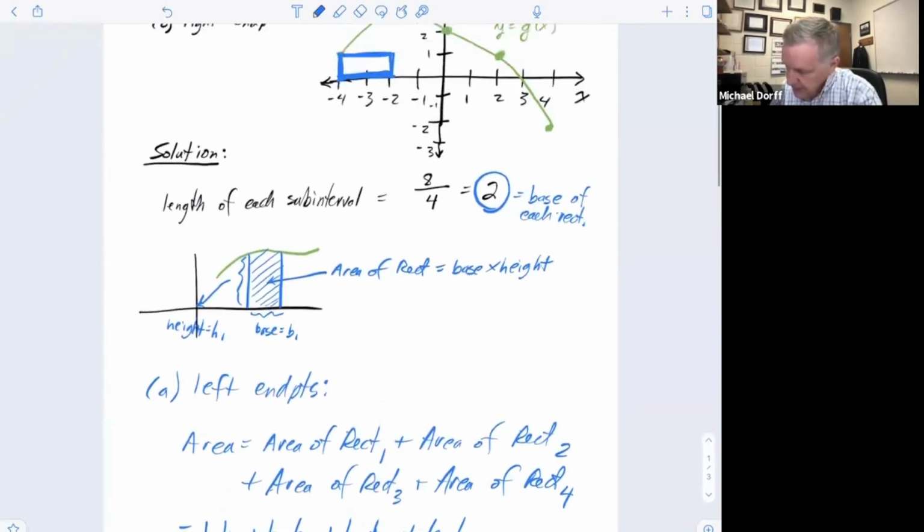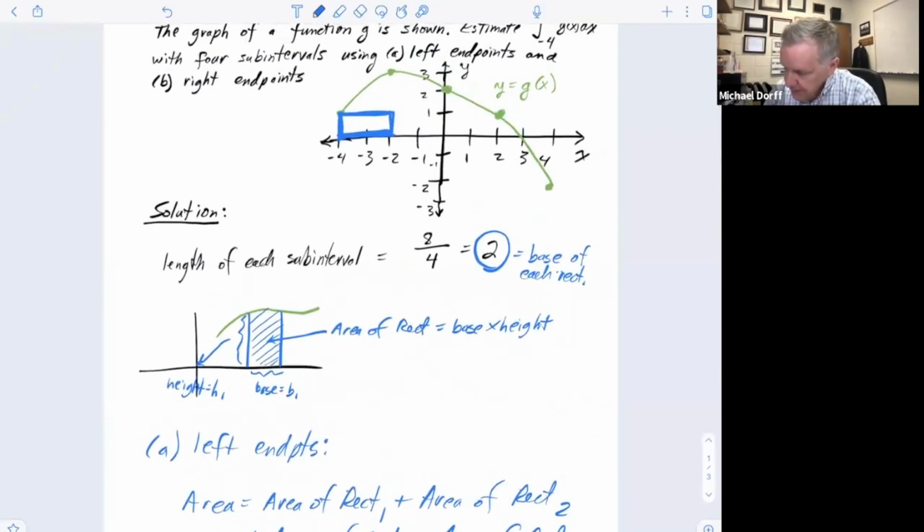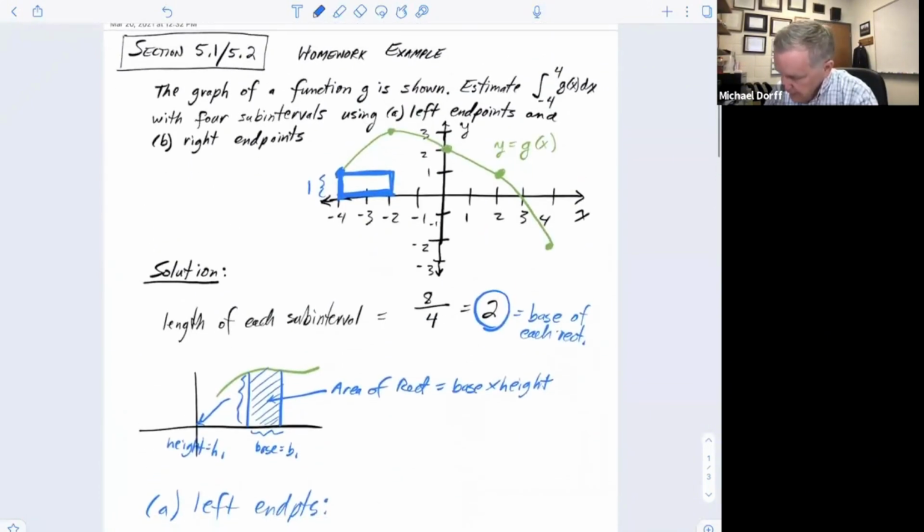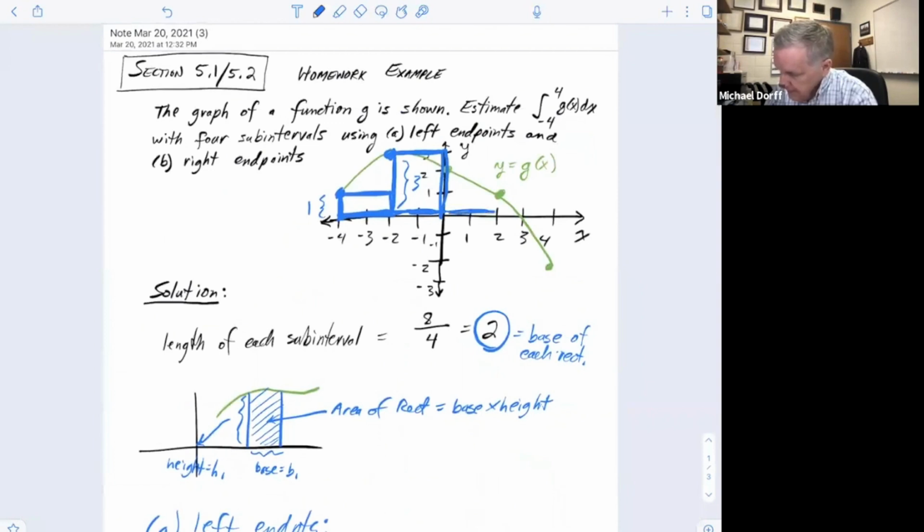All right, so the height is going to be using the left endpoints. So in that case, I draw my rectangle. In this one, for the first one, the height is 1. For the second one, I draw my second rectangle. I use the height until I hit the green curve and make that into my rectangle. And that height here is 3. I make my third rectangle. There's the base.